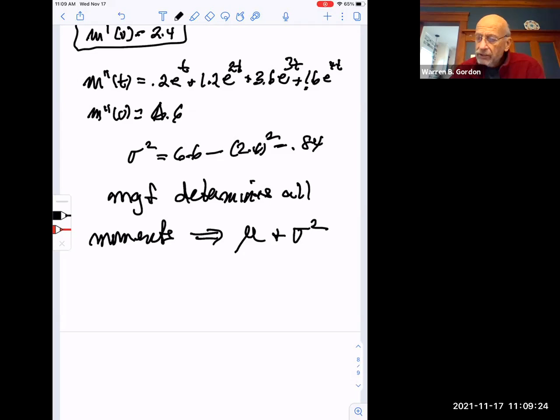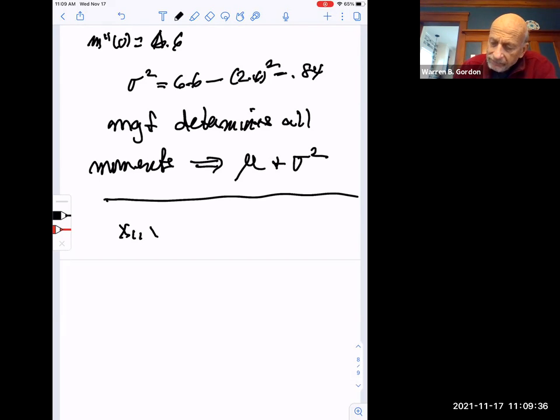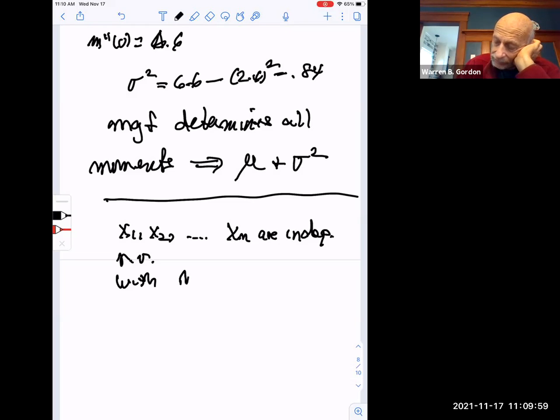So there are two or three key results about moment generating functions that we're going to need a lot. So let's suppose the following. Let's suppose x1, x2, up through x sub n are independent random variables. And let's suppose they each have moment generating function M x1 of t, M x2 of t, and so on.